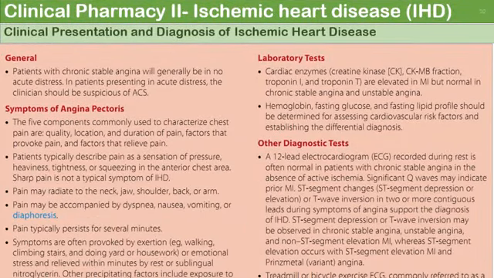Now, clinical presentation and diagnosis of ischemic heart disease. The major cause of morbidity, or of referral of the patient to the emergency department of the hospital, is substernal chest pain. This is the class of substernal chest pain, or chest pain in general.